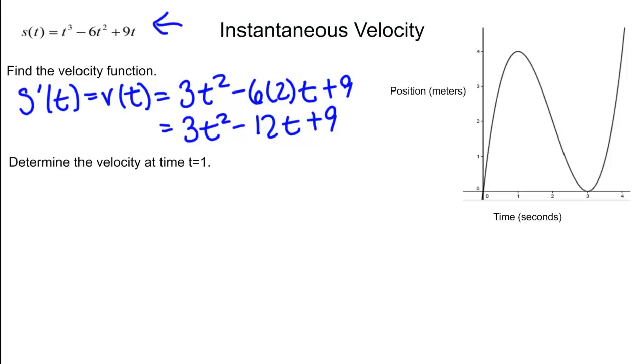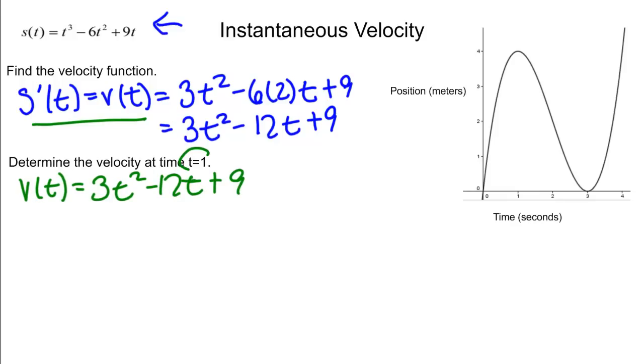So let's say then we're asked to determine the velocity at time equals 1. So we have a velocity function. So our velocity is equal to 3t squared minus 12t plus 9. And we want time equals 1. So everywhere we see a t, we're going to plug in 1.